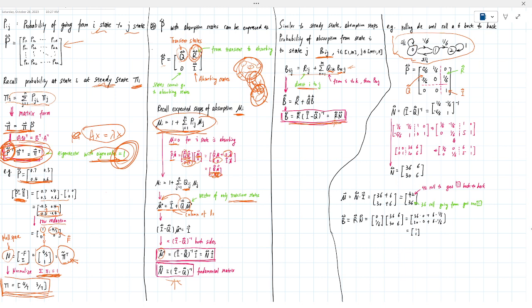From 0, you can always roll other numbers, which is 5/6 probability, and then 1/6 probability to go further. From 1, 5/6 to go back, and then 1/6 to go to the second, and then absorbing at the second one, because we only need 2 consecutive, which is back to back.